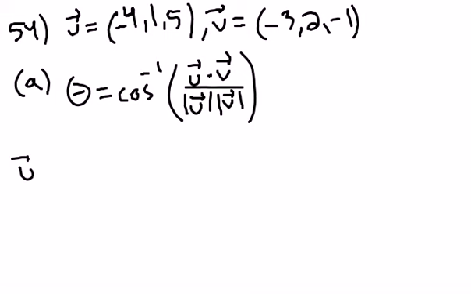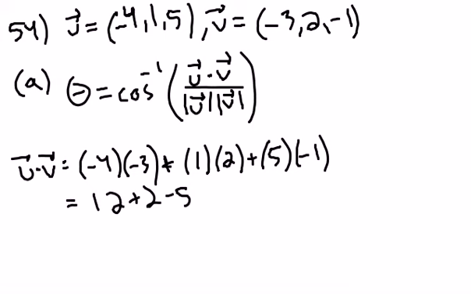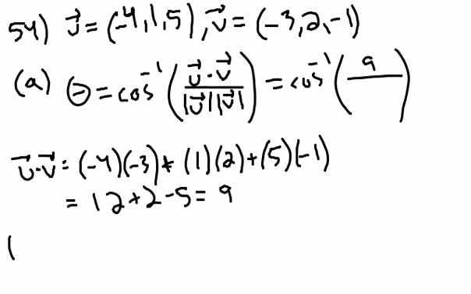So I need to find u dot v first. And so we're going to have -4 times -3. I'm multiplying component by corresponding components. Okay, so I get 12 plus 2 minus 5, which is 9. Okay, so this is going to equal cosine inverse of 9 over, now I need to find the magnitude of u.